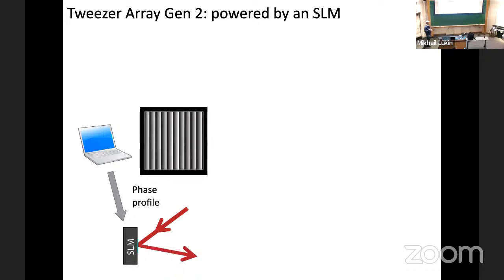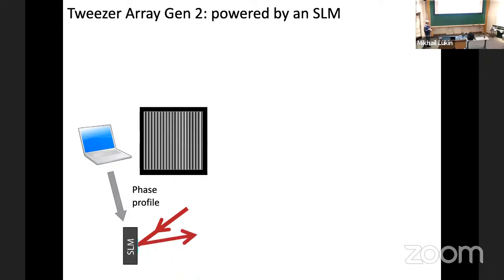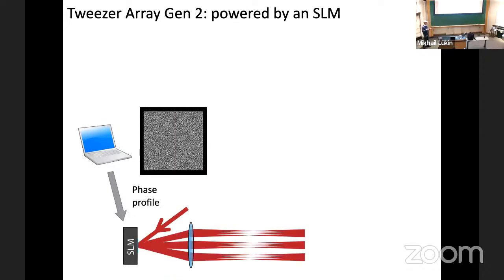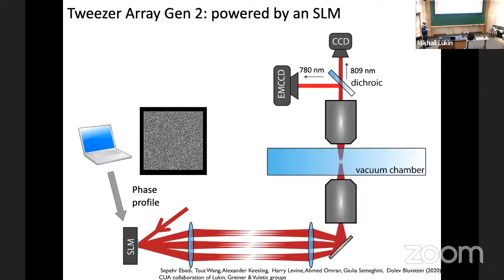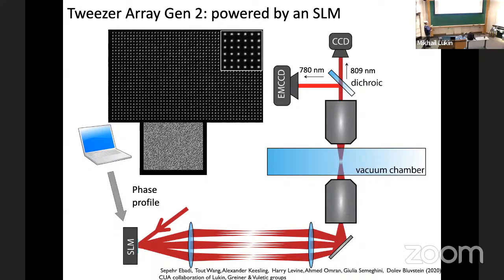It's basically a computer generated hologram, which allows us to create arrays of thousands of traps, which when we project them into the vacuum chamber, as shown here, we can take a picture of a very uniform, large scale array. The disadvantage of these SLMs is that we cannot switch them very fast.